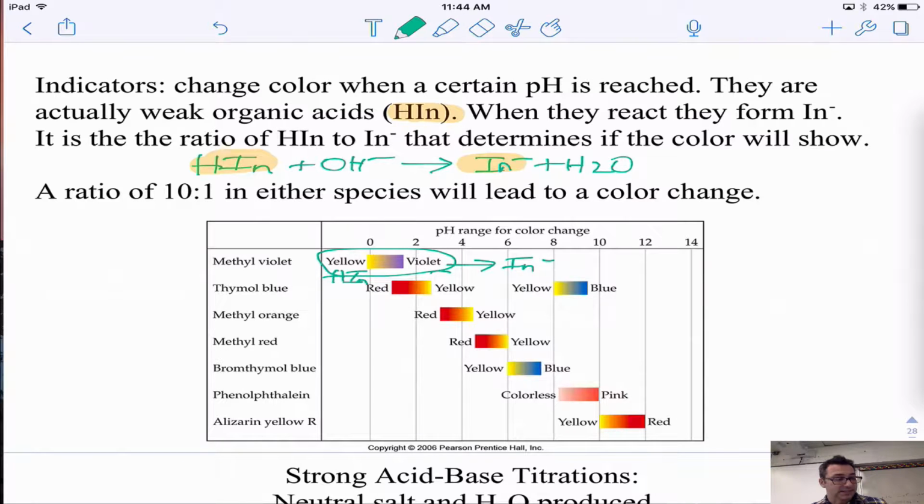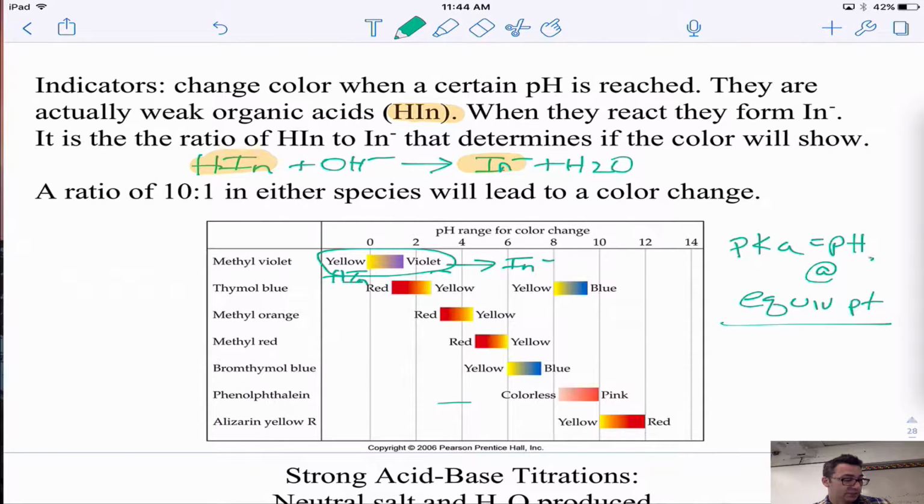Something else that's interesting about indicators is that since they're weak acids, they have a pKa. And when you want to pick an indicator that's going to work with your titration, you want one where the pKa is equal to the pH at the equivalence point.